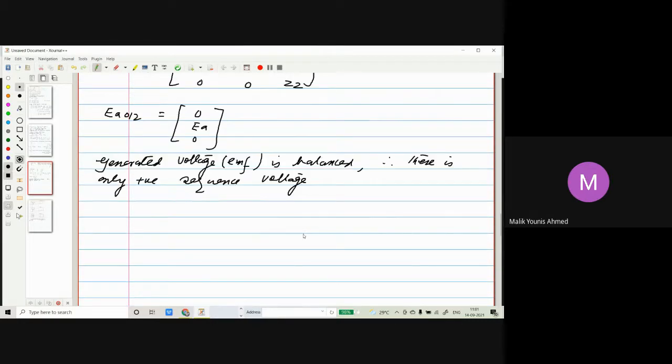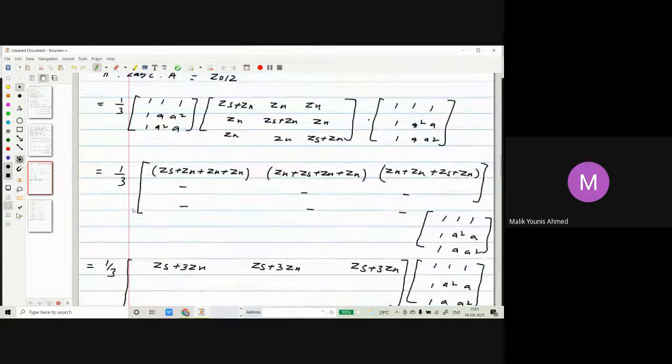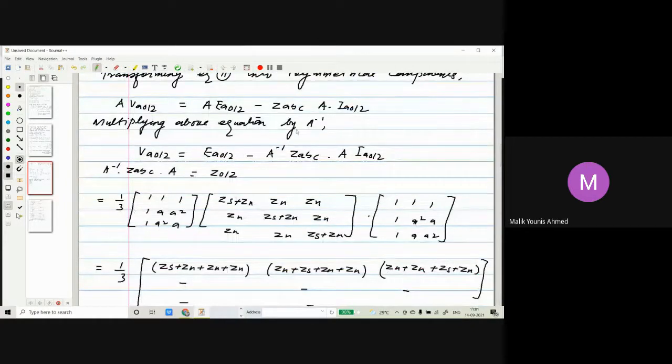So writing this complete matrix again, in symmetrical form we can write VA0, VA1, VA2. Which equation are we writing? We are writing this equation now. Instead of this equation number, I will write here 3.